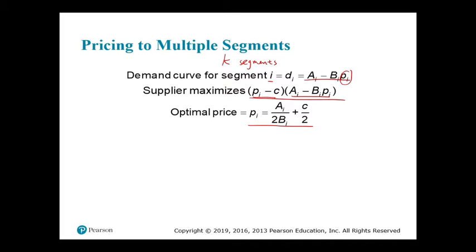How does economy class pricing affect first class pricing? Should it be more or should it be less?